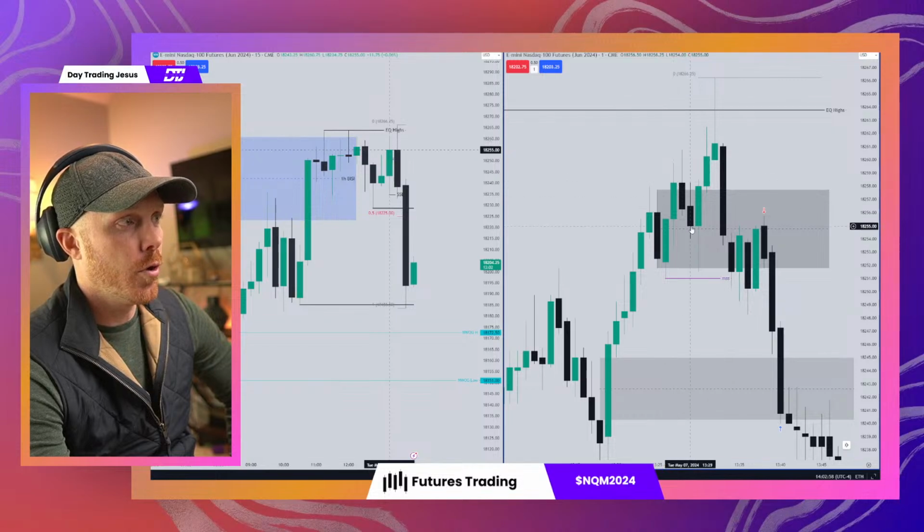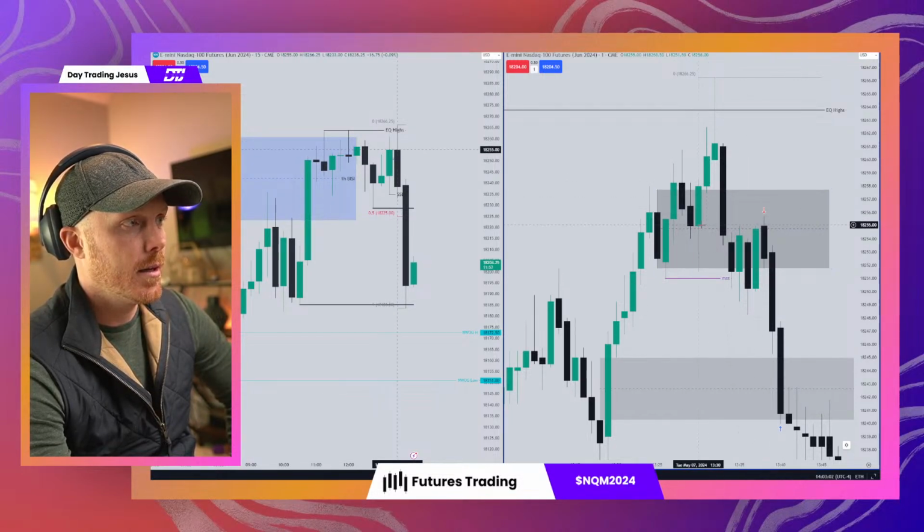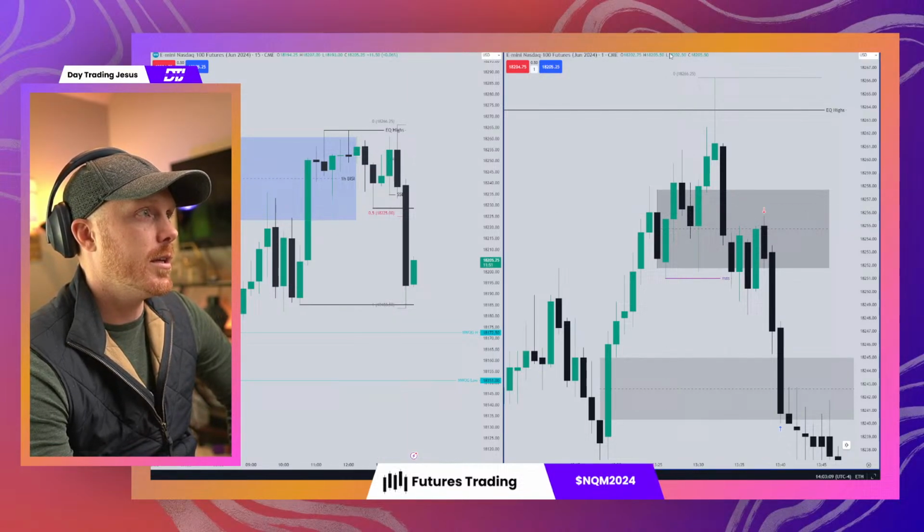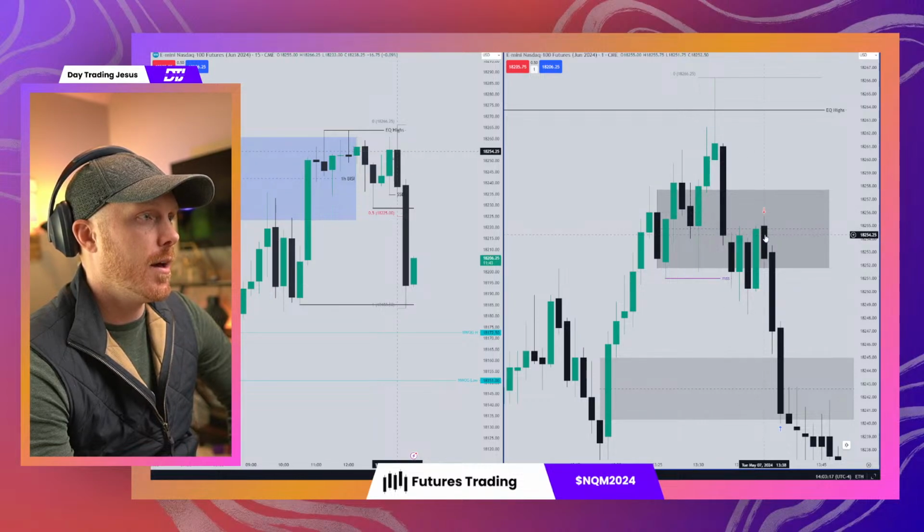I like when breakers form as a result of a fair value gap. This also would have worked because look how price respected it. It even respected even more. Look at the close of this candle, you can see it right here, it's really small text, 55.00. And look at the open of this candle, 55.75. Close 55.0.